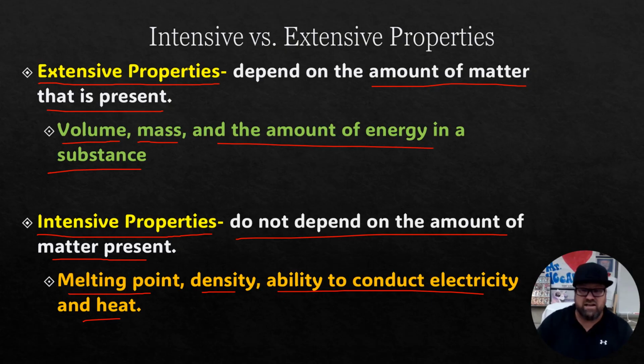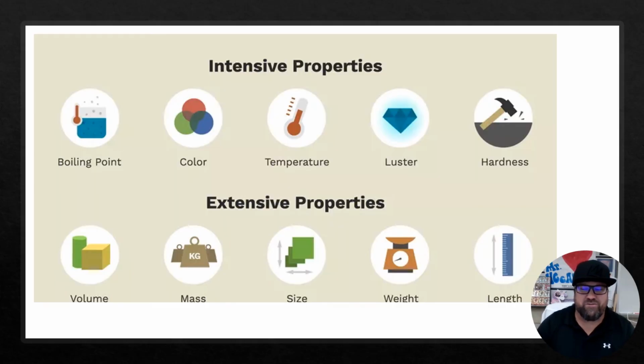If you have ice, whether you have a huge iceberg or a little ice cube in your drink, ice's melting and freezing point is 0 degrees Celsius, okay, under pure water and atmospheric pressure. Okay, so these are very important to know the difference between extensive and intensive. All right, final slide for this part 3 of matter and properties of matter.